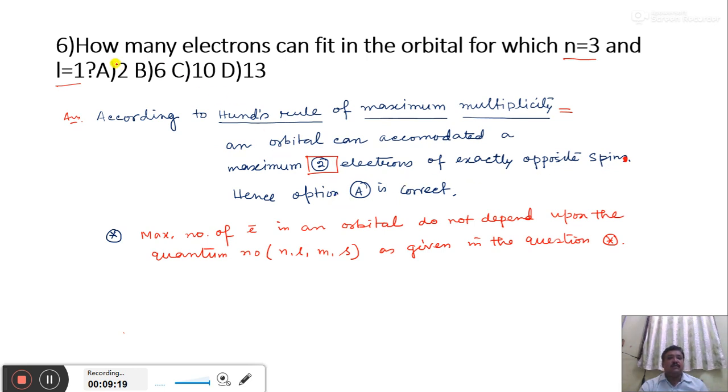Hence option A is correct. Now the maximum number of electrons in an orbital does not depend upon the quantum numbers n, l, m, s as given in the question. This question came in the NEET exam of the year 2016 phase 2.